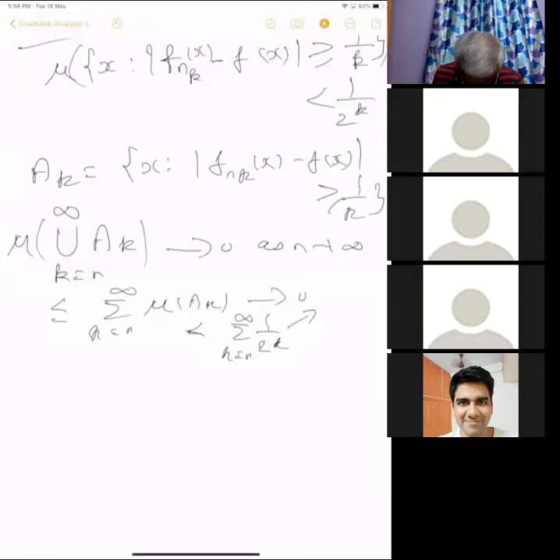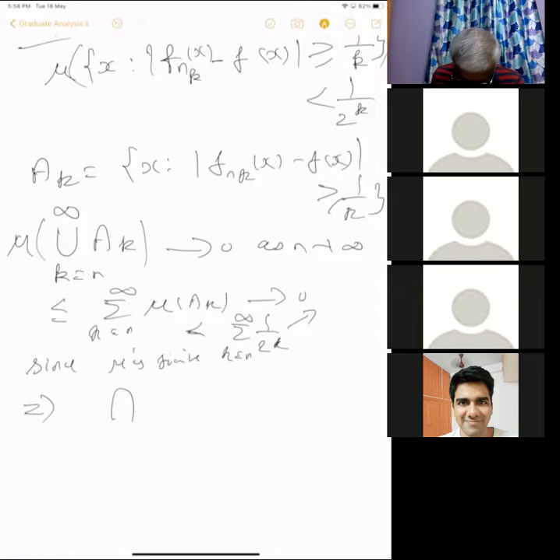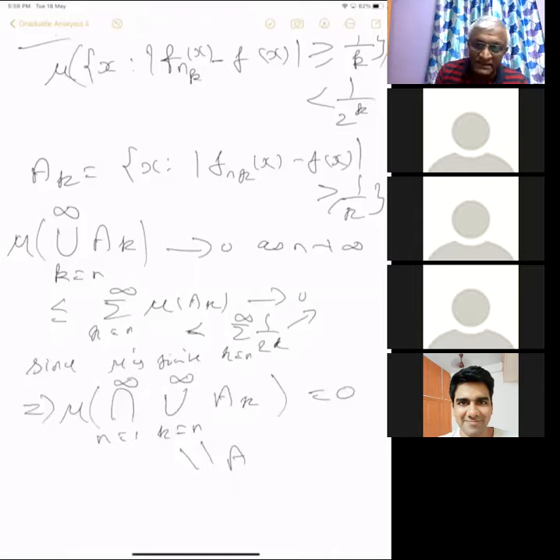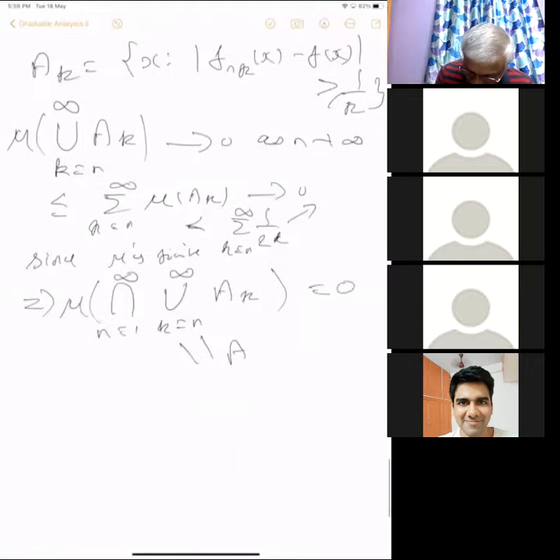Because the measure is finite, this implies the intersection over n equal to 1 to infinity of the union over k equal to n to infinity of AK, which is the lim sup, and call this set A, has measure 0. It is just the limit of a decreasing sequence, and because it's a finite measure, the measure is the limit, which equals 0.